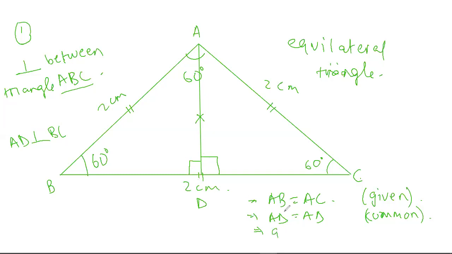So angle ADB is equal to angle ADC is equal to 90 degrees, which is given.